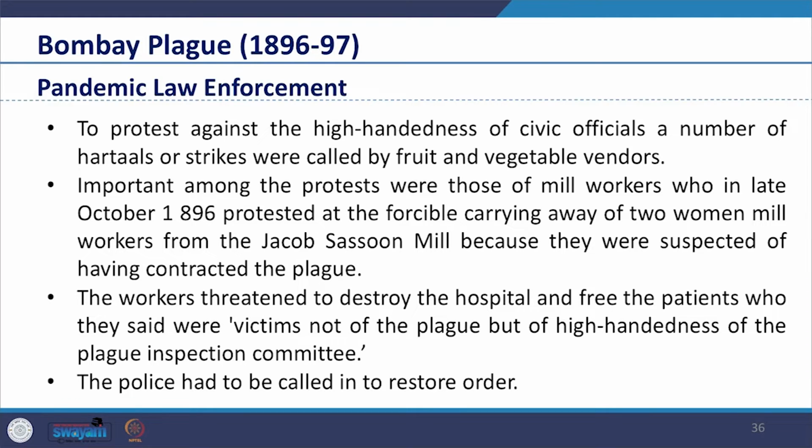The workers threatened to destroy the hospital and free the patients, who they said were victims not of the plague but of the high-handedness of the plague inspection committee. The police had to be called in to restore order.